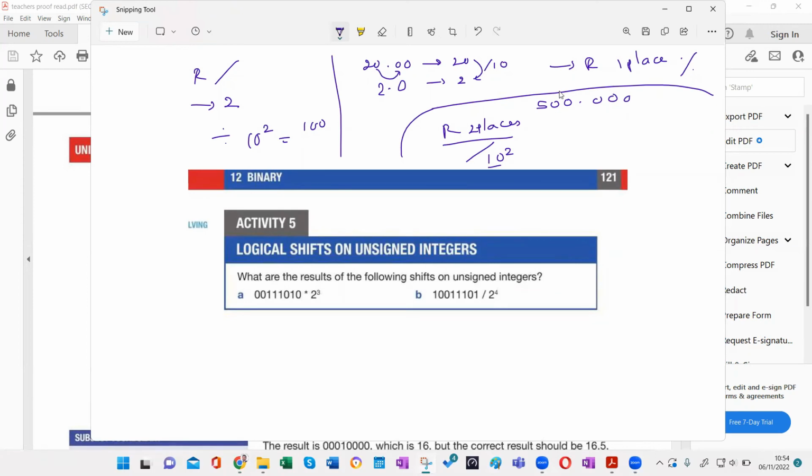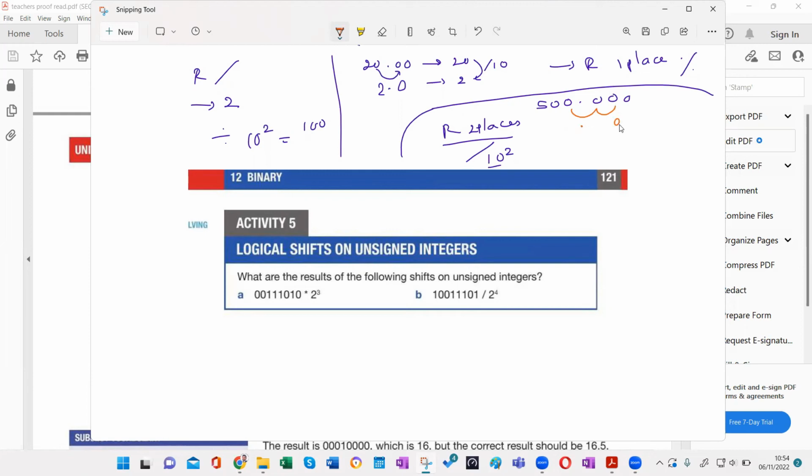So let's see. So 2 places, this 0 will move 1 place, 2 places. And it's going to be right here. So don't get mixed up with these zeros. The decimal point is still there.